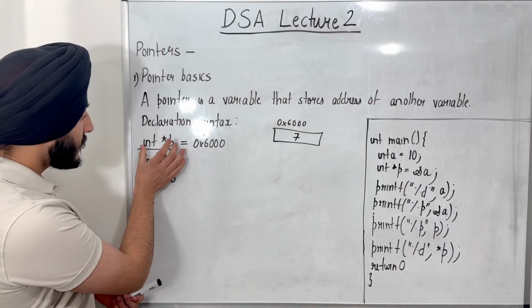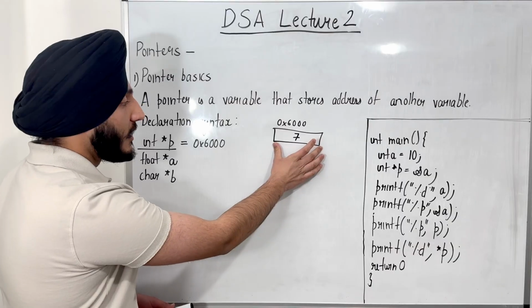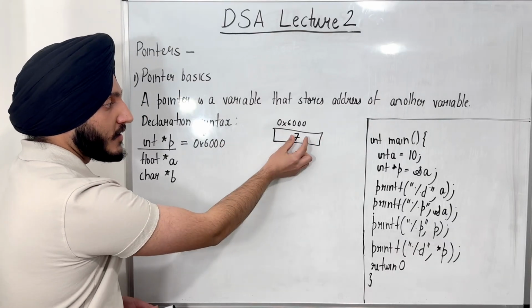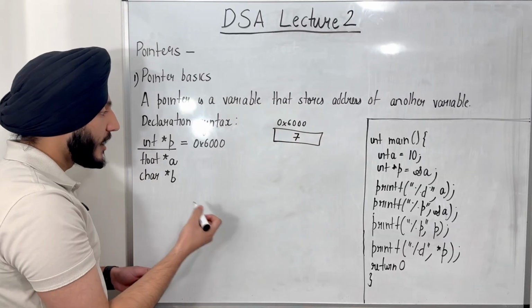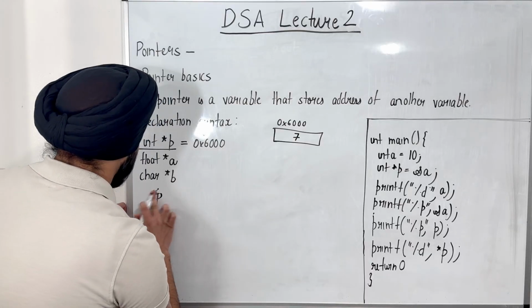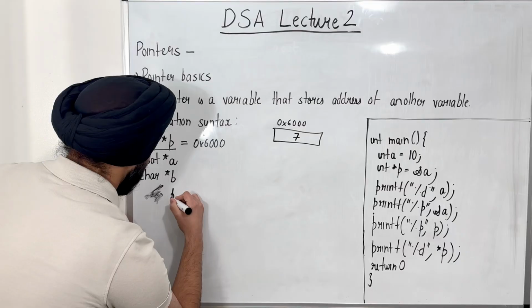What I can do is I can use this pointer to point to this particular address, right? It would store the address, but when I want to actually get the value, let's say I'm looking for the value 7, what I would do is I would do *p, right? So let's say I want to print the value, right? This is what I would do.